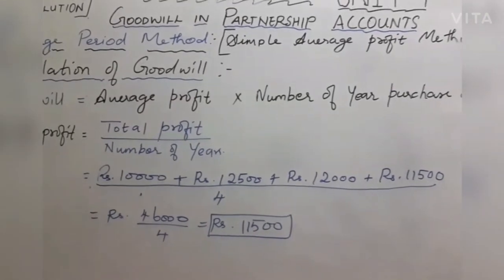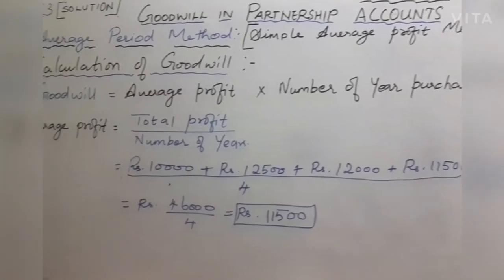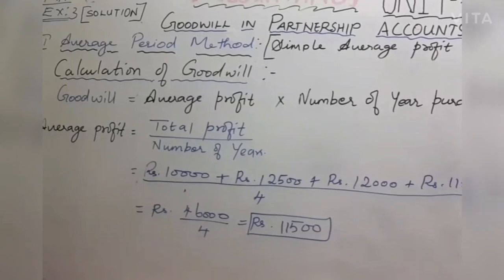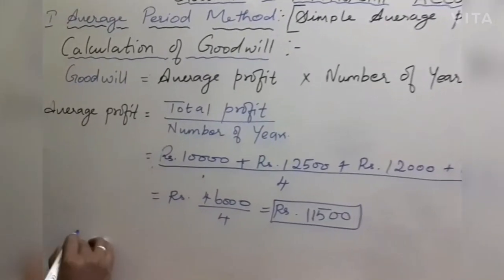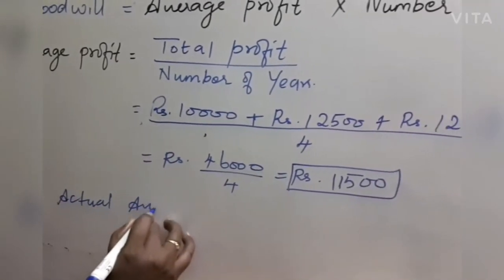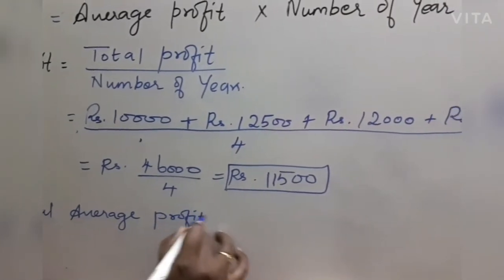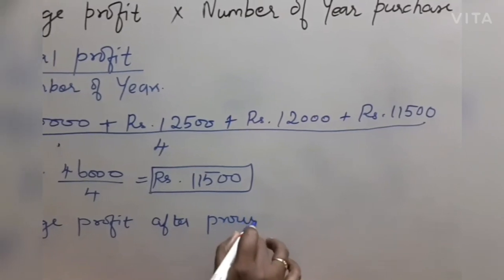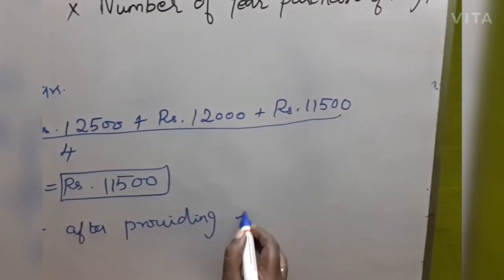Now we want to do one calculation here, children. As I already told you, remuneration is there, isn't it? So we want to reduce the remuneration from this average profit. Okay, so actual average profit after providing remuneration.